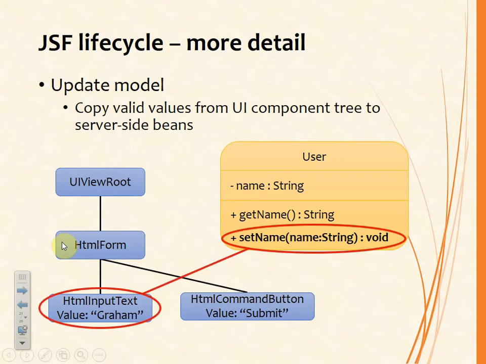Those values will be converted and validated, and when everything is okay, those values will then be transferred into the managed bean. And that's where the set method is needed. So remember, these managed beans have got properties with associated set and get methods. When we're taking values from the input component tree to put them into the managed bean, it's the set methods that we call.